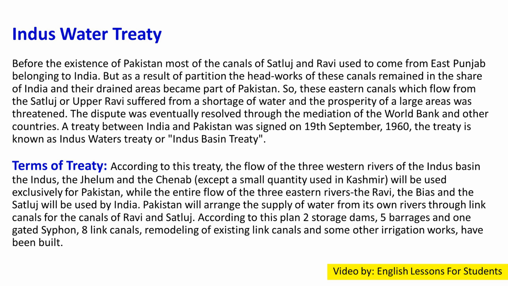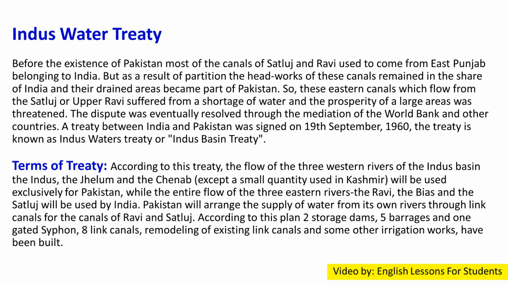Terms of the treaty. According to this treaty, the flow of the three western rivers of the Indus basin, the Indus, the Jhelum, and the Chenab, will be used exclusively for Pakistan, while the entire flow of the three eastern rivers, the Ravi, the Beas, and the Satluj, will be used by India.